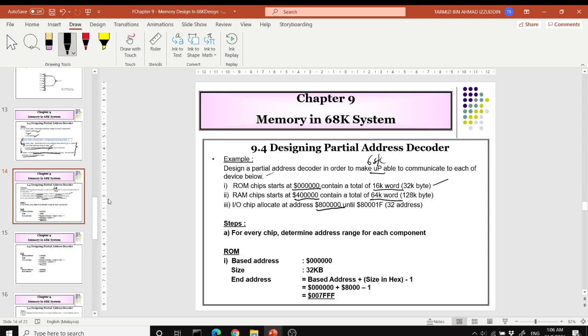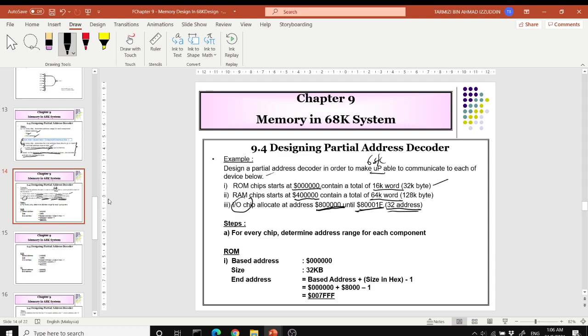Similarly, you have your base address and then you have your end address. Because the I/O chip is not a memory, when we want to specify a location for I/O, we directly specify the beginning of the address and the end of the address, so there's no size over here. If you calculate from 800000 to 80001F, there's a total of 32 addresses allocated for this I/O chip.